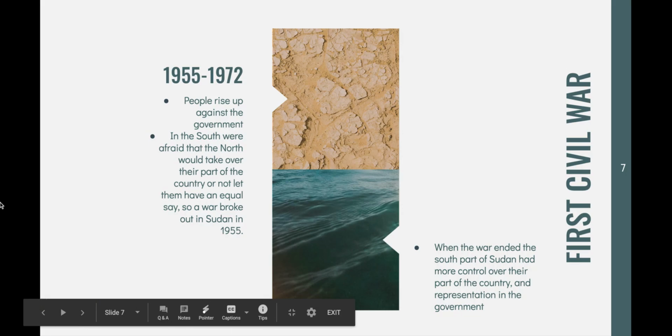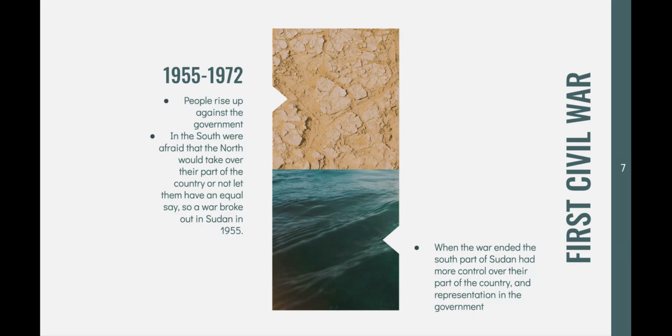So that brings us to 1955 to 1972. Sudan is ruling themselves, but the people of Sudan felt like the government was not doing a good job. So the people rose up against the government. However, in the South, the people were really afraid that the more developed North would take their part of the country, or they wouldn't let them have equal representation in the government.